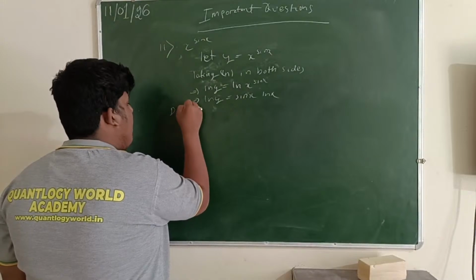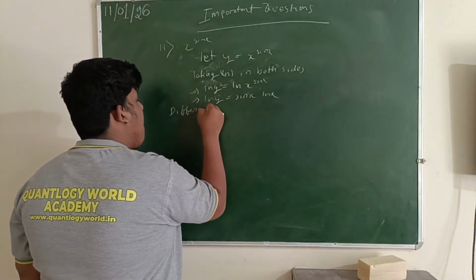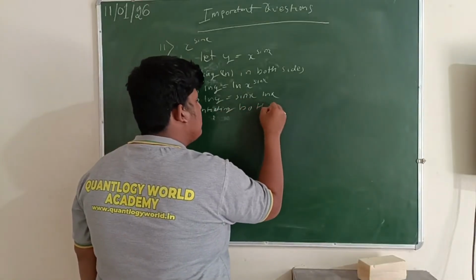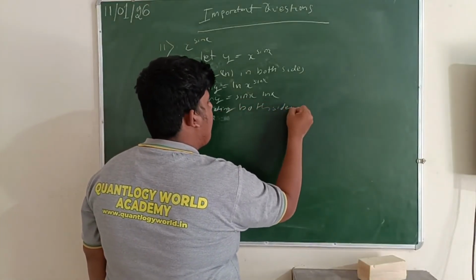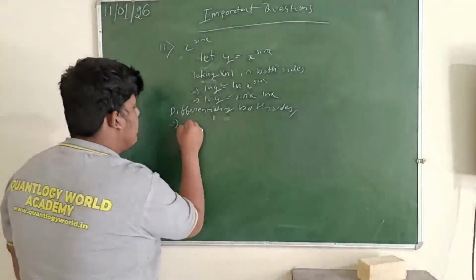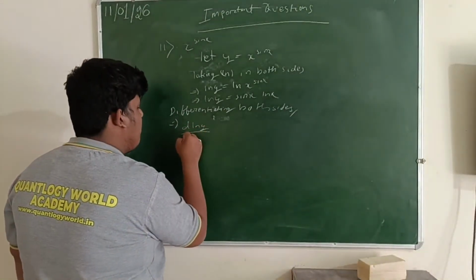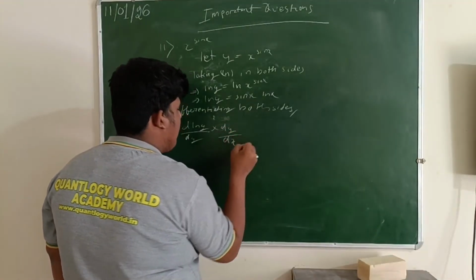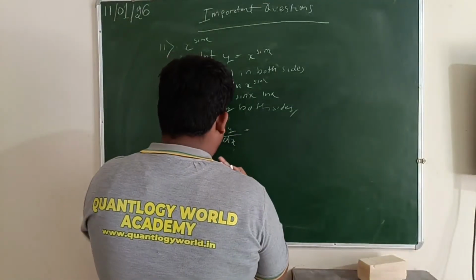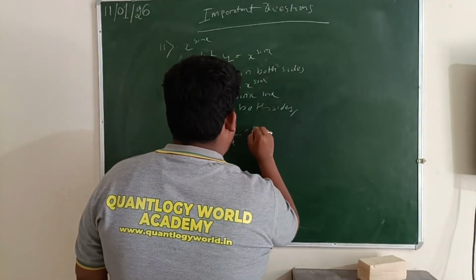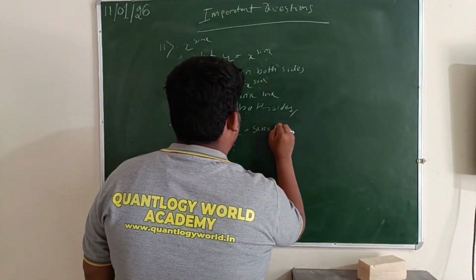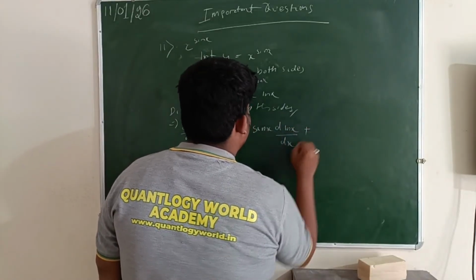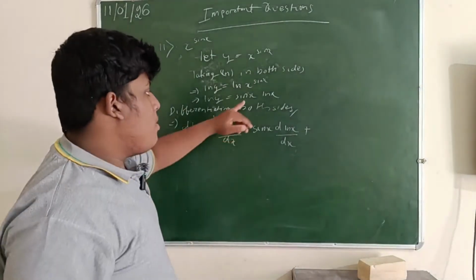So here we will write, differentiating both sides, implies that d ln y by dy into dy by dx equals sin x d ln x by dx plus, here we will apply the product rule.